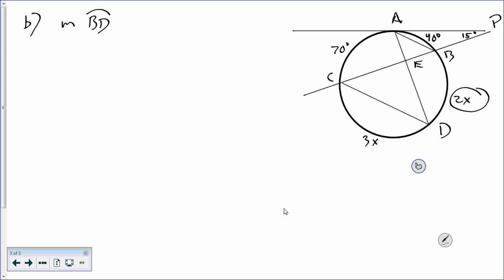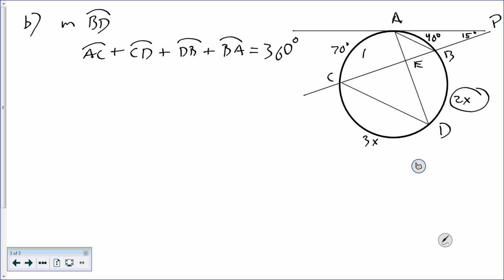The big thing is that arc AC plus arc CD plus arc DB plus arc BA, all the arcs, go all the way around the circle, right? That's 1, 2, 3, 4. So we know that has to equal 360. And we know some of those now. We know that AC is 70 degrees. They gave us that. We just figured out that AB, or BA, however you want to phrase it, is 40 degrees.